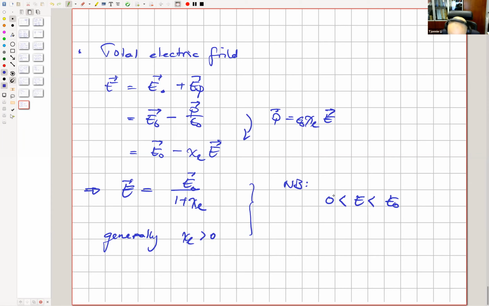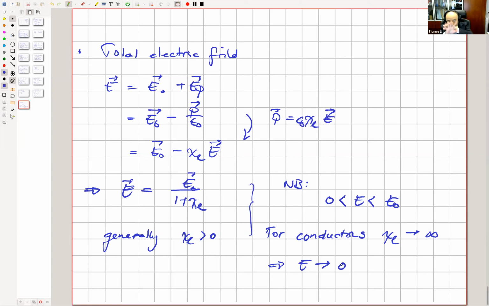Now we could even take it to the most extreme case. So for conductors, chi E goes to infinity. And so in that case, E goes to 0. Okay. So when it's completely ideally able to mobilize charges, right? There's an infinite reservoir of charges.